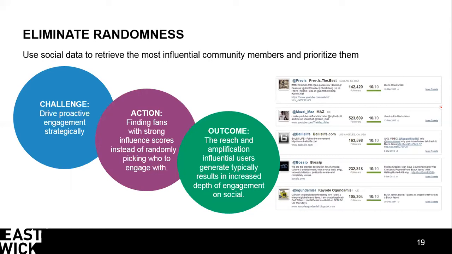But also if you're trying to figure out who is the most important to talk to first, if you've got a small social team and you're trying to bat down the little problems as they come up, this allows you to be strategic and have the most reach in the most amount of time. And then as time allows, you can go back and of course answer everybody. Next slide.